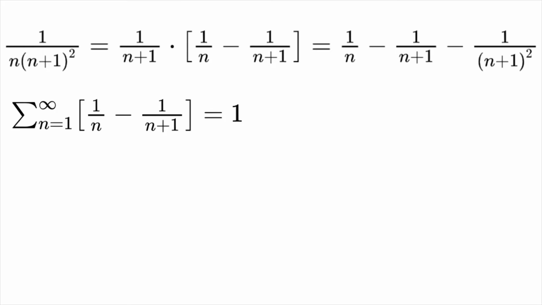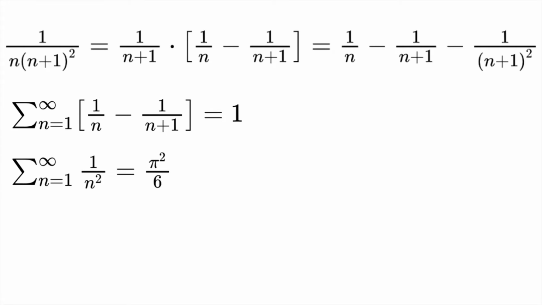It is very easy. If you write the summation n equal to 1 up to n, then the result becomes 1 minus 1 by n plus 1, and if you push n tends to infinity, then it becomes 1.